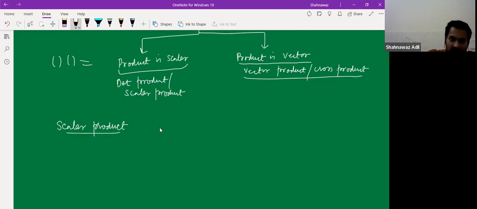So what did we learn about the scalar product? A scalar product of two vectors is defined like this. You take the dot product and you get a number. So this is the scalar product.